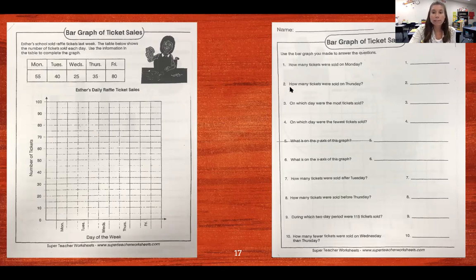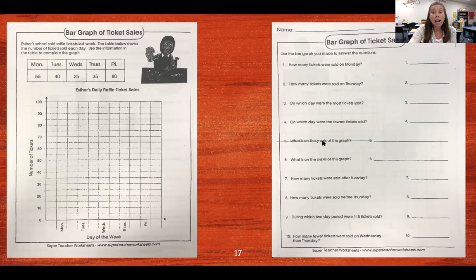Number 2, how many tickets were sold on Thursday? Number 3, on which day were the most tickets sold? Number 4, on which day were the fewest tickets sold? Remember those two words, most and fewest. Most is the greatest, fewest is the least.